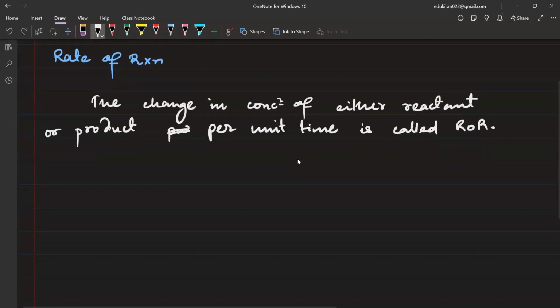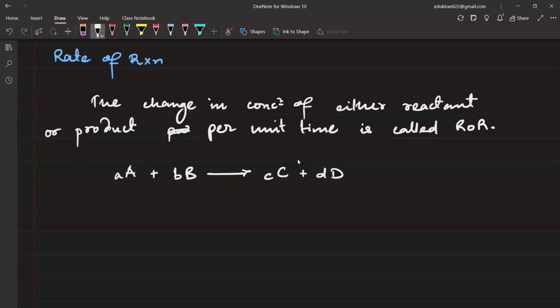Now, please see. If there is a general reaction, aA plus bB giving you cC plus dD.